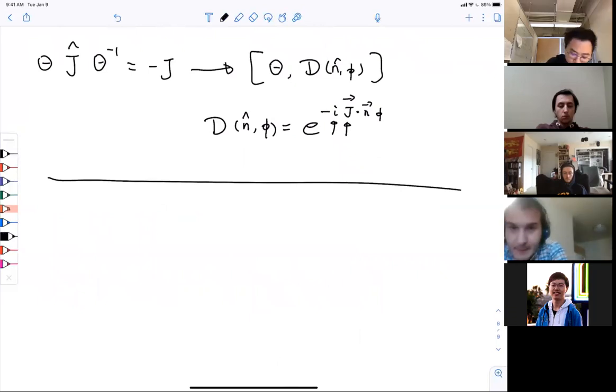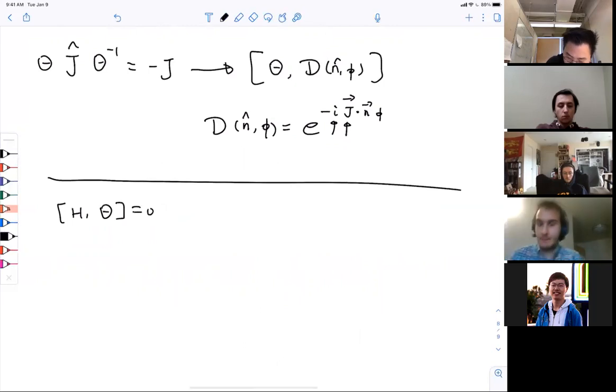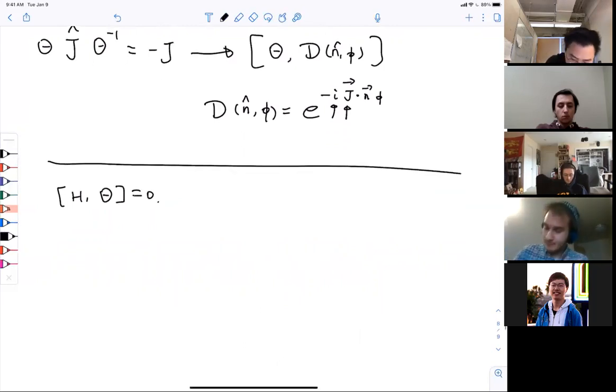And similarly, we would ask, what's the consequence of this? What if my Hamiltonian commutes with the time reversal operator?